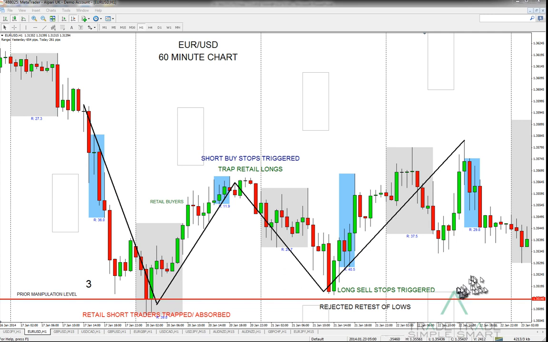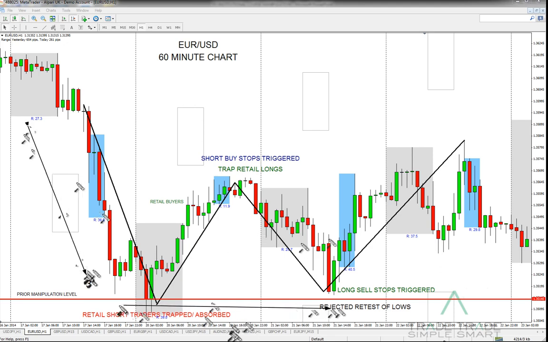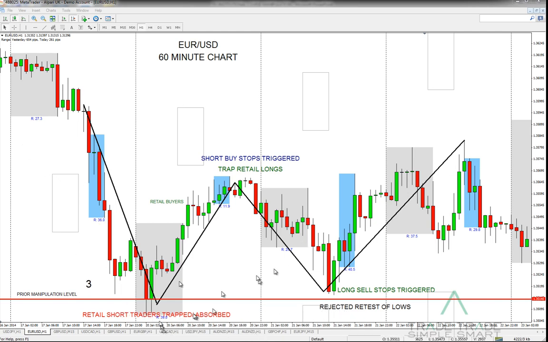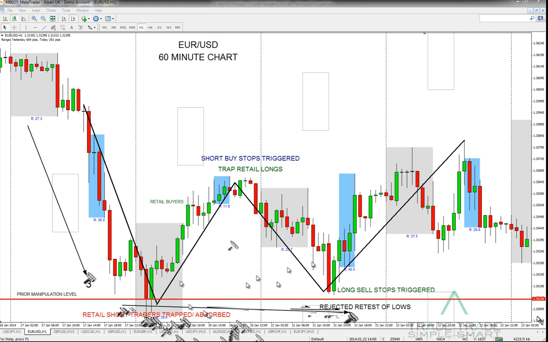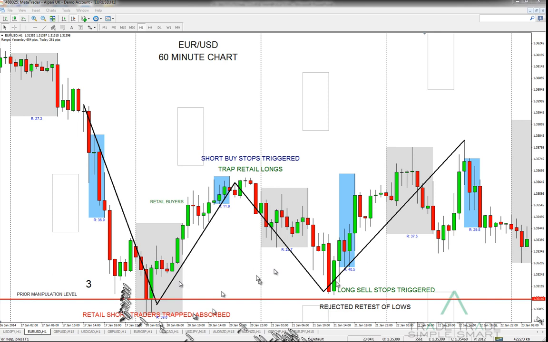So in this example, we've had 3 levels of fall, and then we have the market move into level 3 accumulation, and we can see that we have a giant W formation over the course of 2 days. So in terms of the smart money liquidation process, we can see that smart money move prices through a prior manipulation zone, and this will induce sellers into the market.